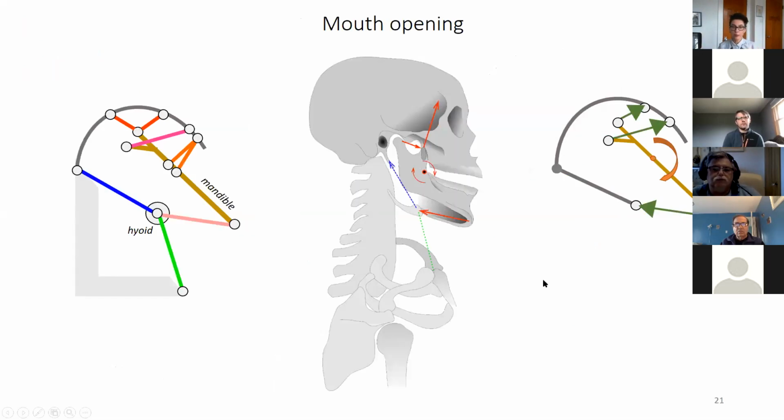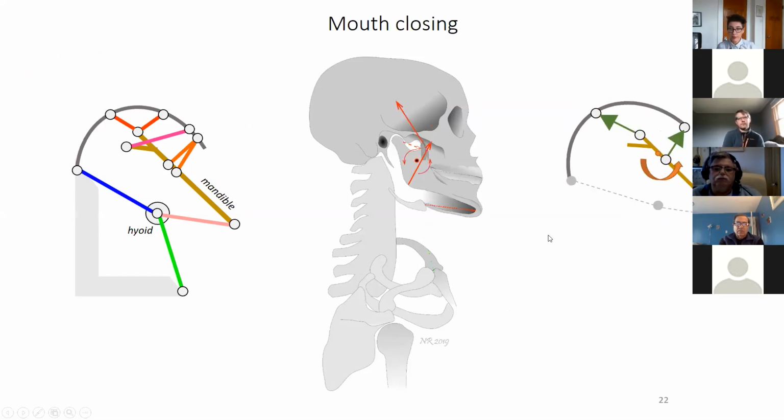Now, what happens when we open the mouth? Out of many muscles that pull the mandible and the hyoid in different directions, actually few are activated. These are the protruders on the top and the mouth openers that pull the chin backwards. A couple of forces is exerted on the mandible, and obviously the temporomandibular joint is unloaded in this case.